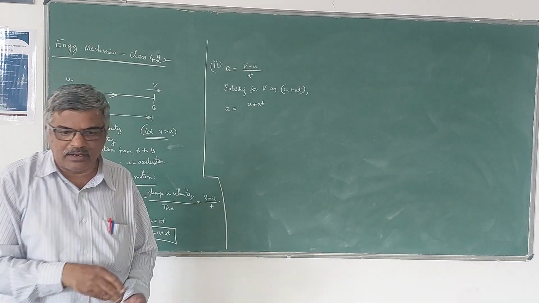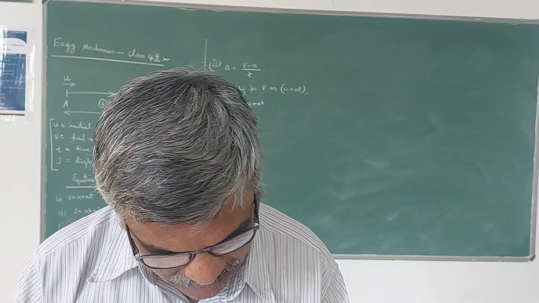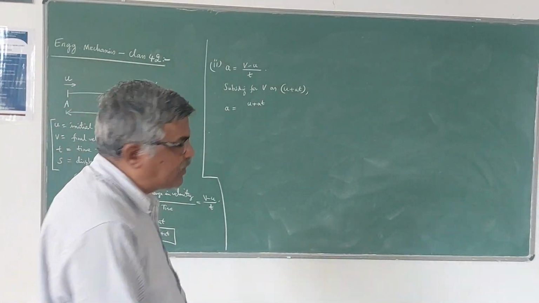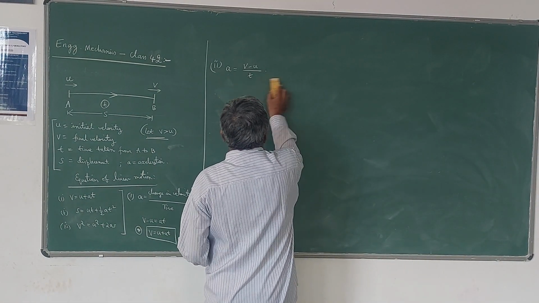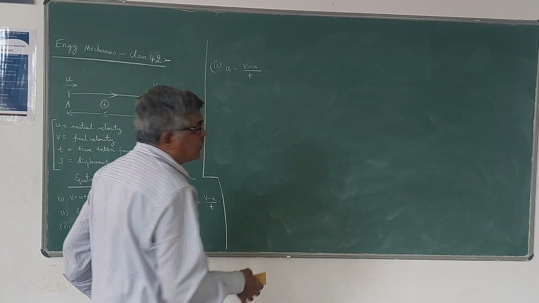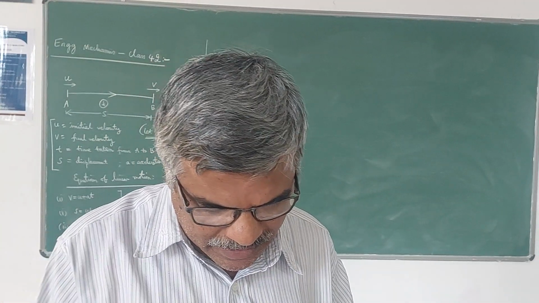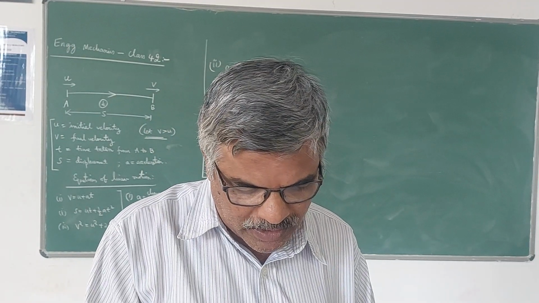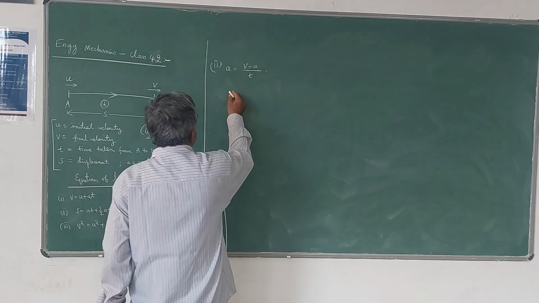Once again, to derive the second equation, I will take the definition like this. You know a is equal to v minus u by t as per the definition. Now I will take the definition of s.